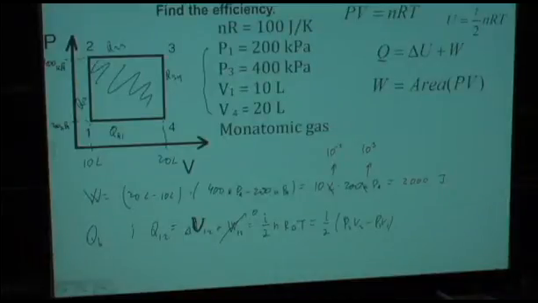First of all, this is a monatomic gas, maybe helium. So 3 over 2. Second of all, the volume stays the same, 10. And all we need is the pressure difference.